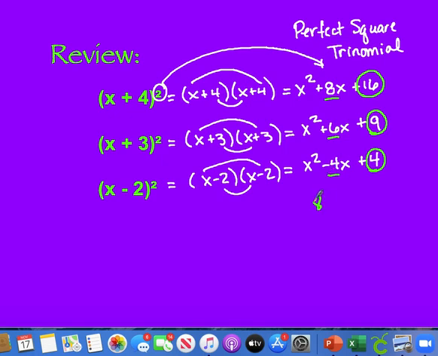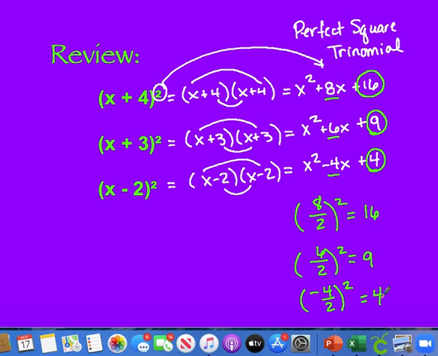So if I take 8 divided by 2 and I square that, 4 squared gives me 16. If I take 6 divided by 2 and I square that, 6 divided by 2 is 3, 3 squared is 9. If I take negative 4 divided by 2, that's negative 2, and I square that, that gives me 4.